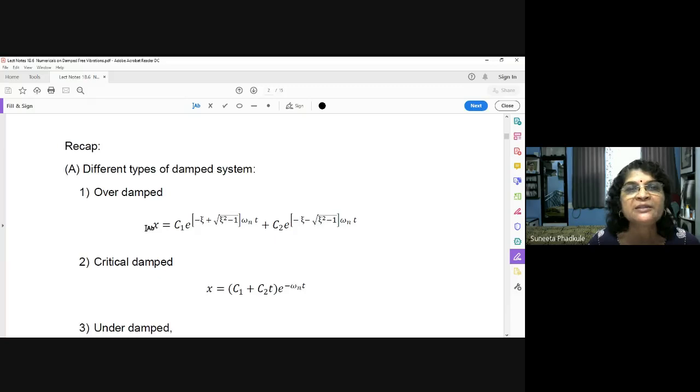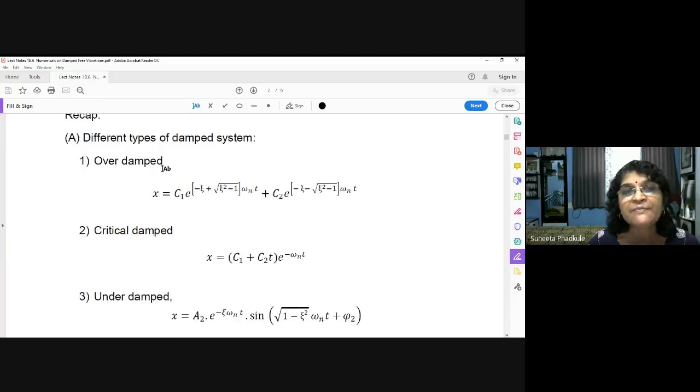There are 3 damped systems. First is over damped. What is the solution for over damped?